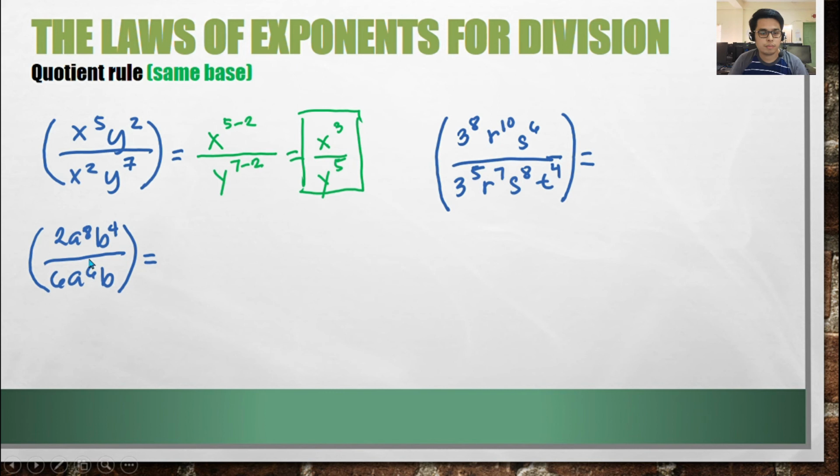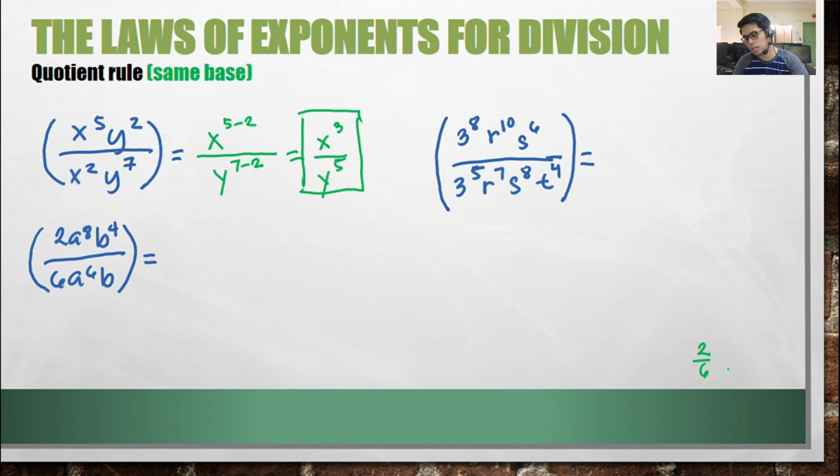Okay, next. Paano to? Tingnan natin yung given. 2a to the 8th power, b to the 4th, over 6a to the 6th power, b. Okay. Yung 2 over 6 may common factor yan. Pwede nating i-reduce to para simple na lang yung ating sagot.